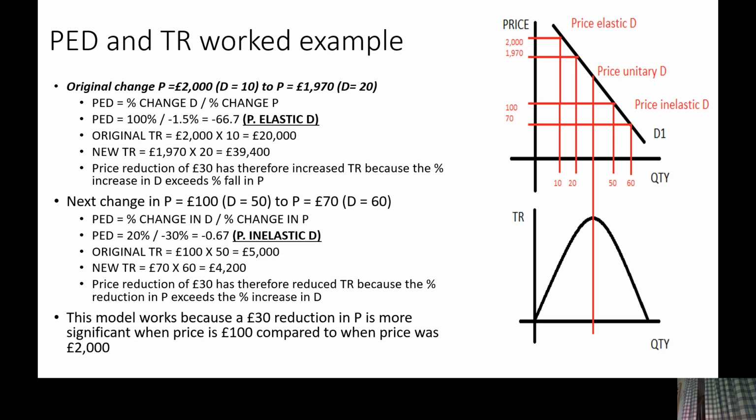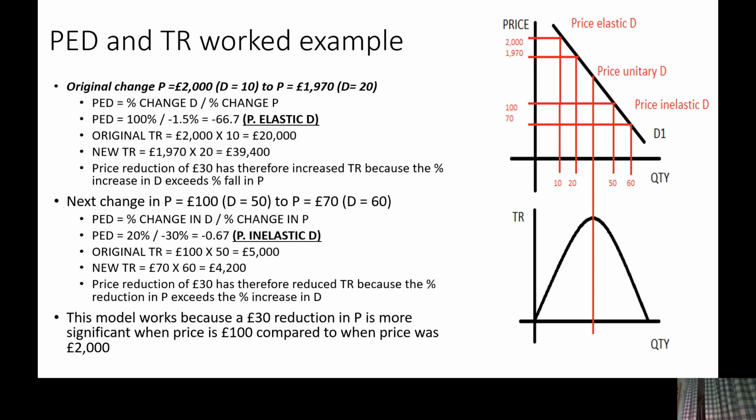Now the idea is, everyone, a £30 reduction in price is a bigger percent at £100 than it is at £2,000. Remember elasticity: the percent change in demand divided by the percent change in price. If the percent change in price is more significant than the percent change in demand, it's inelastic.